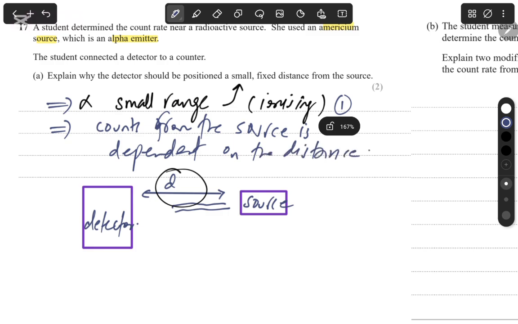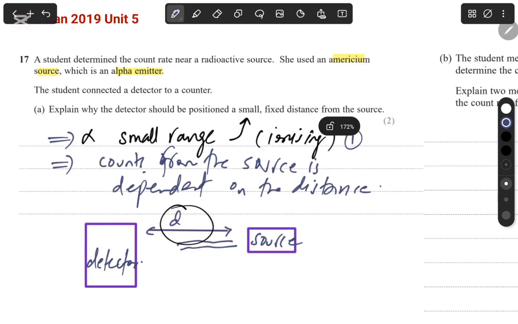If I change the distance, my counts from the source will change. So if I increase the distance, my detector will detect a different count, so that distance has to be fixed. So I get a fixed and accurate count.